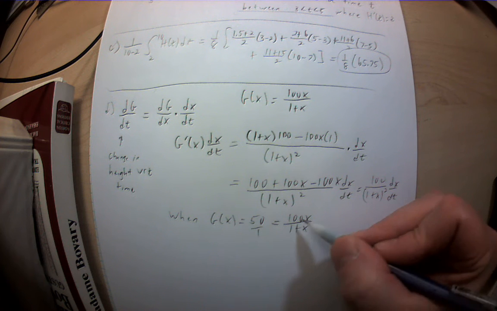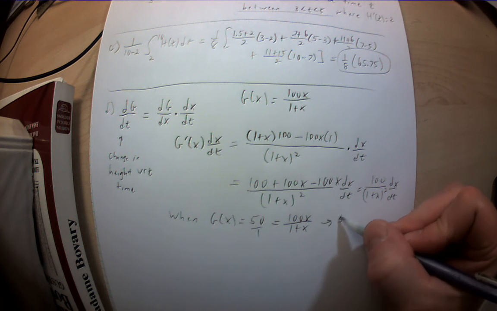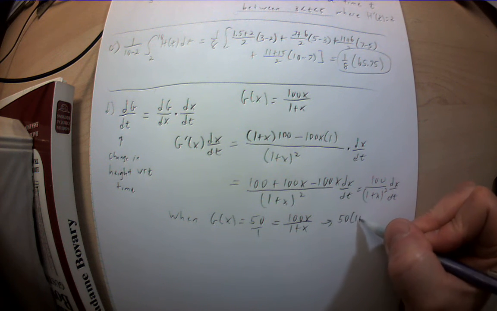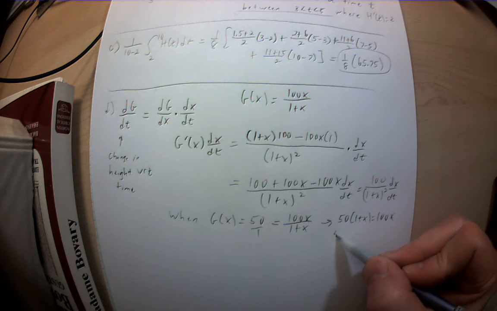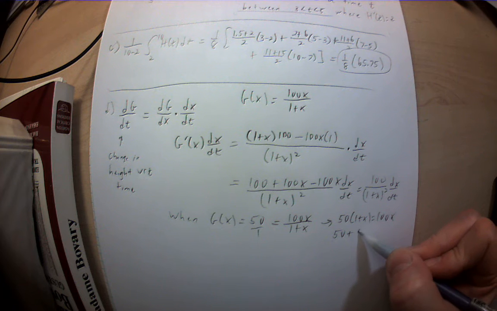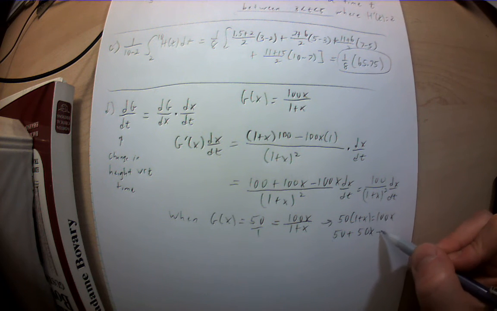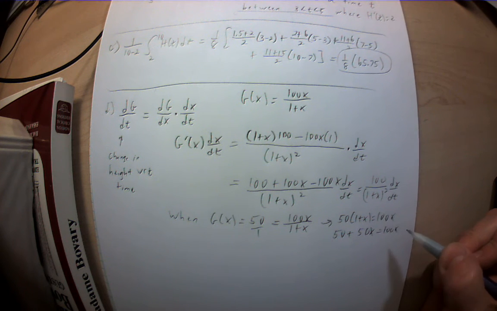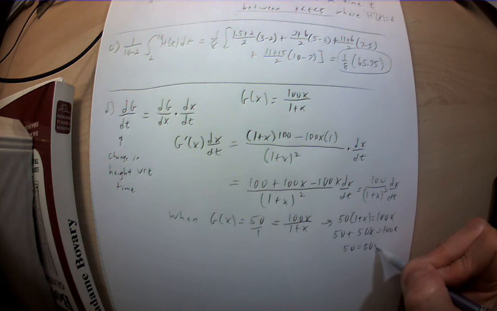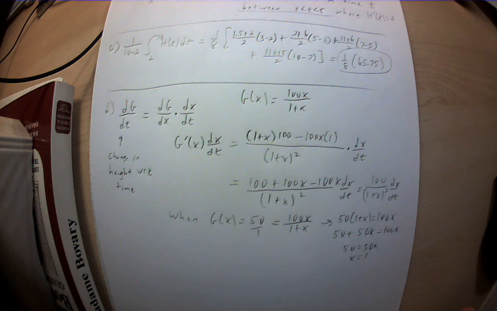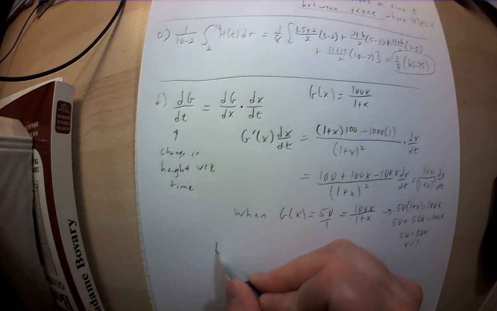So if I cross multiply, I get 50 times 1 plus x equals 100x. So I get 50 plus 50x equals 100x. So I get 50 equals 50x. So x equals 1.